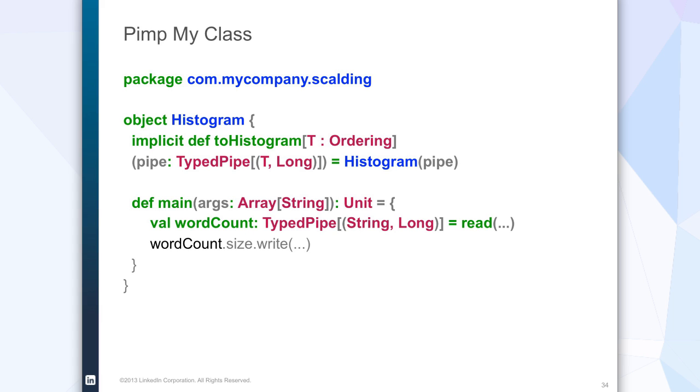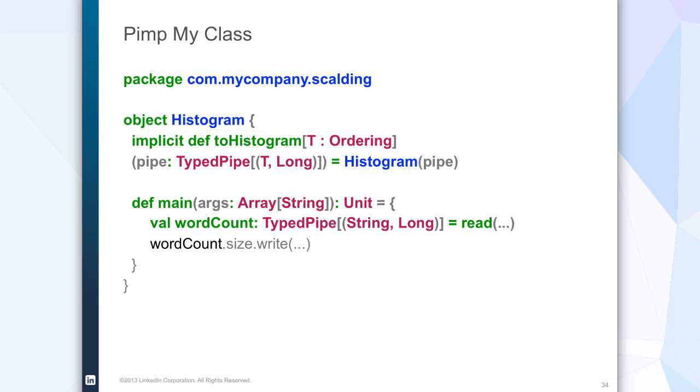OK, and now, since we are actually using a real language, and it's not just a DSL to compute data stuff, we can use other nice things this language has to offer. In this case, it is Scala, and Scala has the pimp my class pattern. Without going into too many details, the pimp my class pattern looks this way.